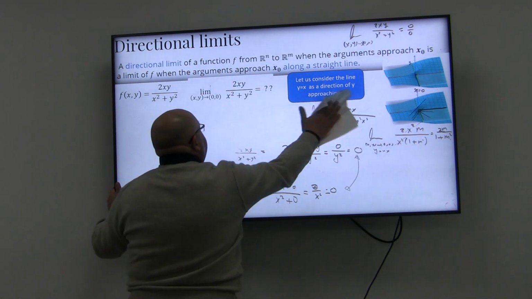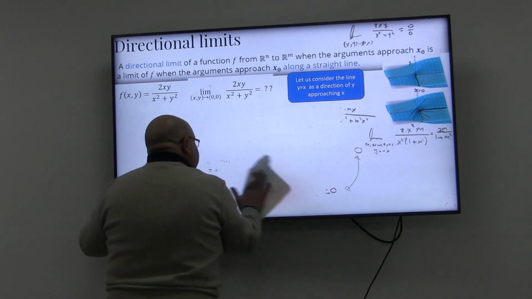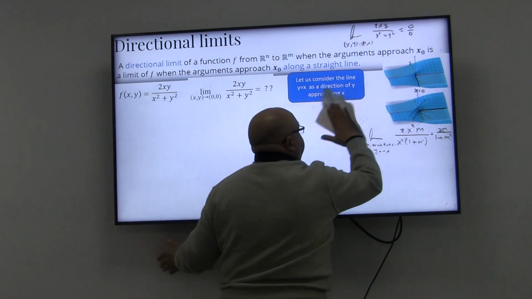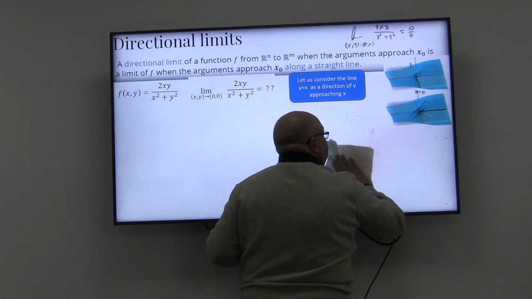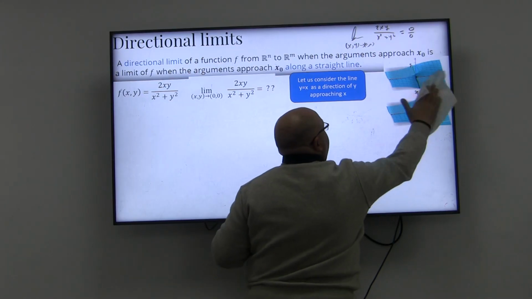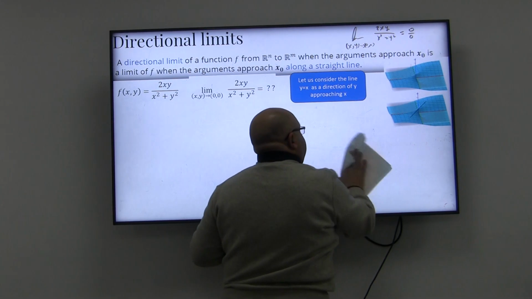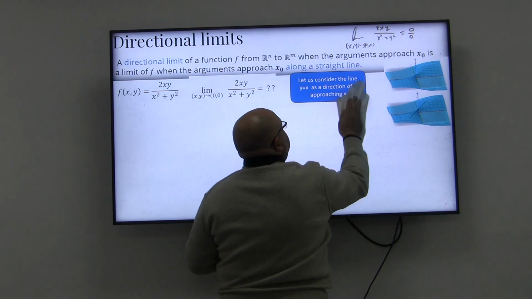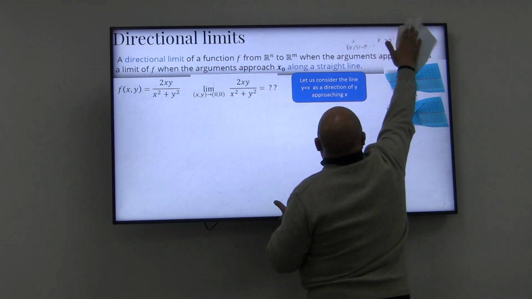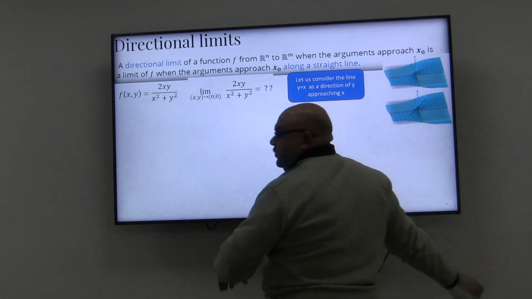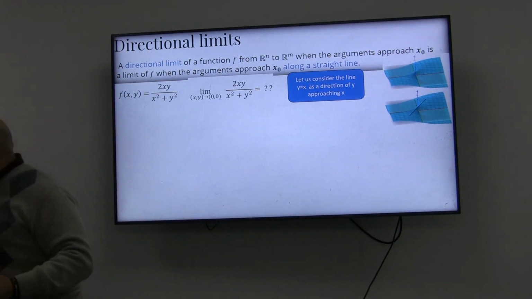And that's a really very important example. It showed you that although the value of the limit along some paths may be equal to each other, if there is just one path that doesn't share the same value, it means that the limit of the function doesn't exist.